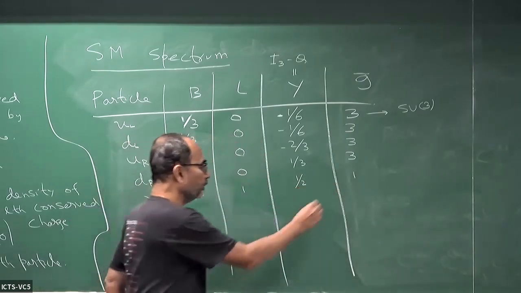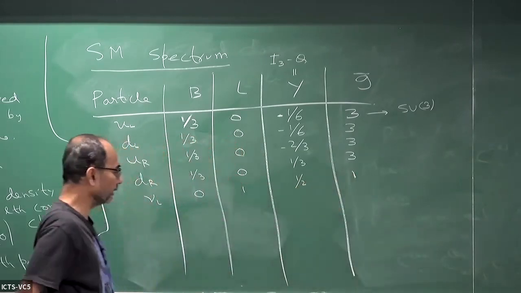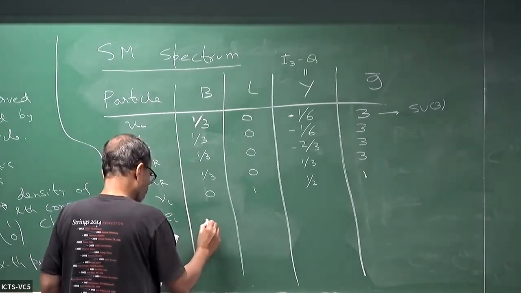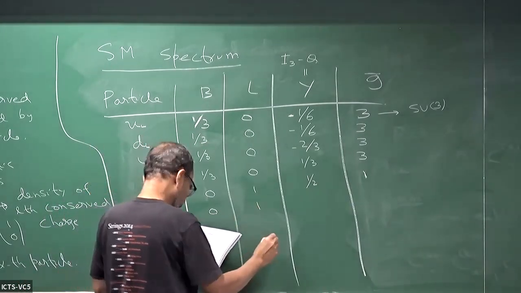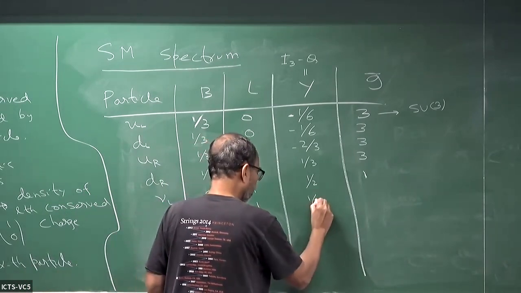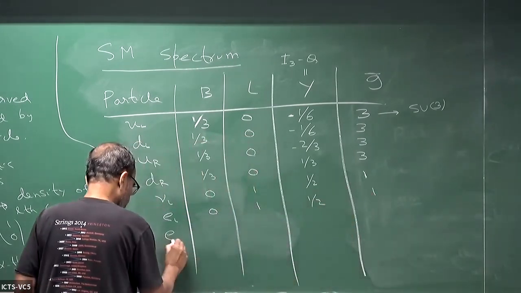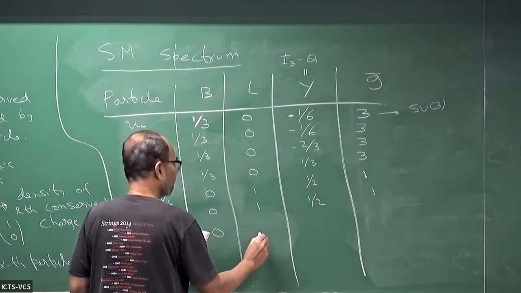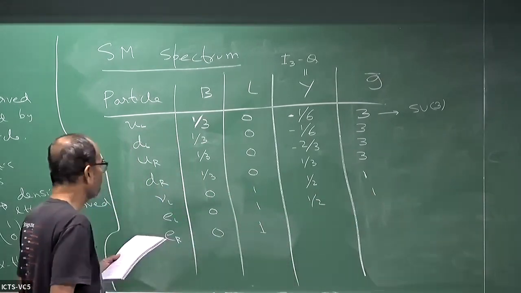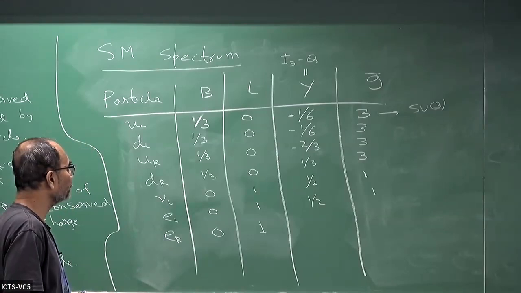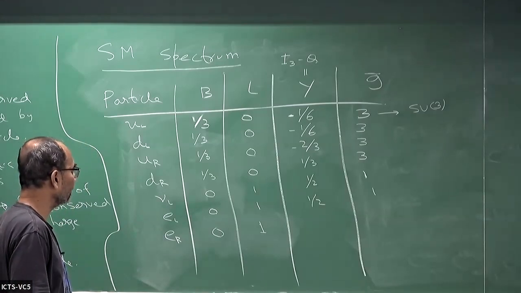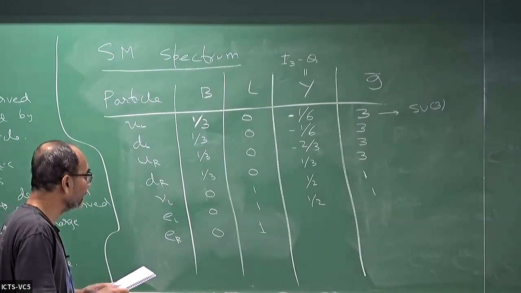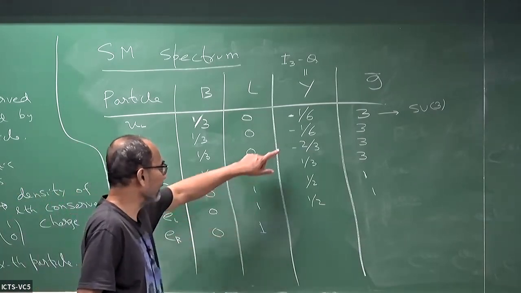There's no color here, so the degeneracy factor is 1. Then L is 0, 1, half, 1. ER is... your Y is, oh, something is wrong. No, this is fine. Minus 2/3. Yeah, these are I3 equal to 0.